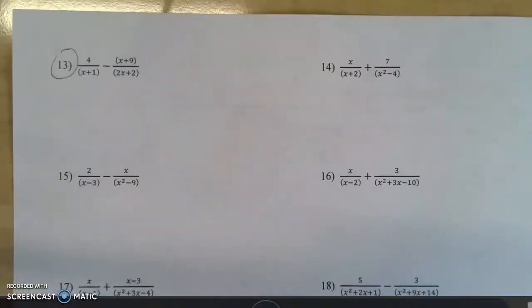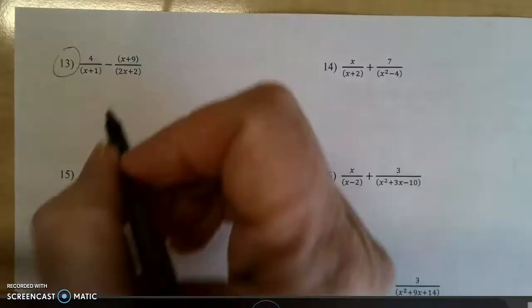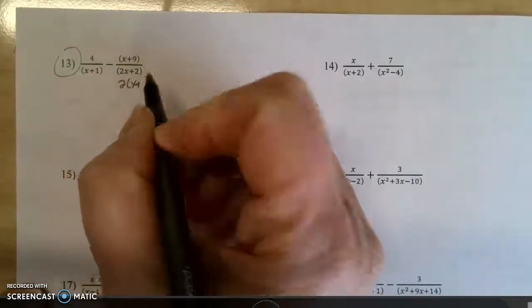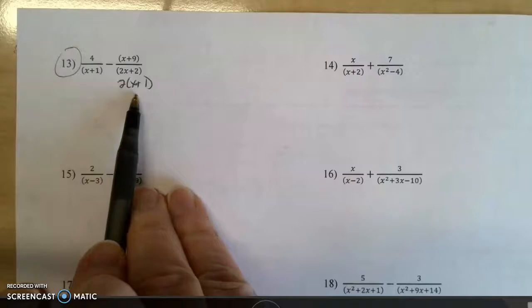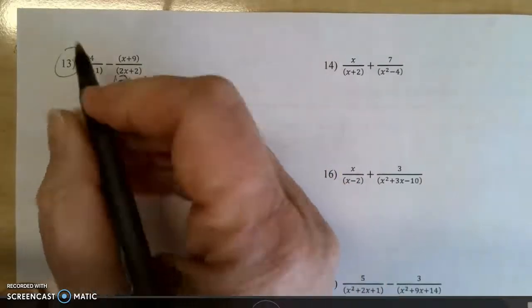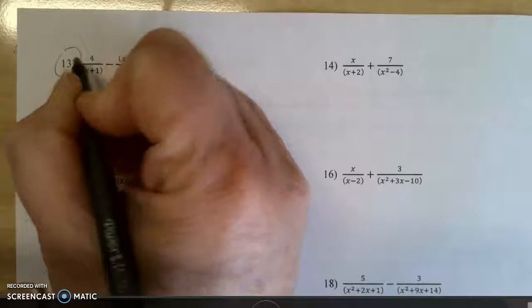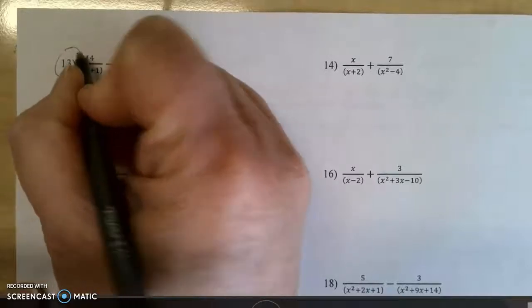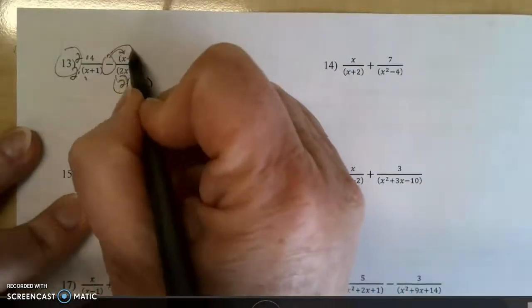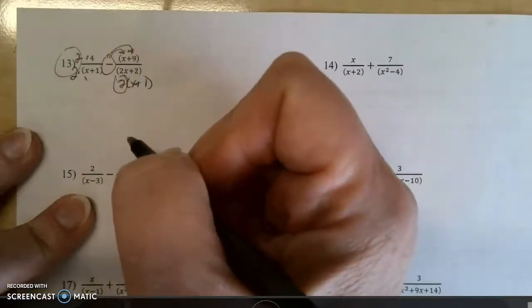All right, we're going to try it again. So I can see I can take a 2 out. So I have an x plus 1 in both of them. I'm missing the 2 in this one. So I'm going to times by 2 and times by 2. I have a subtraction that I'm going to distribute.